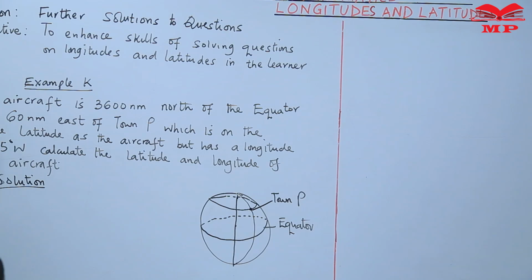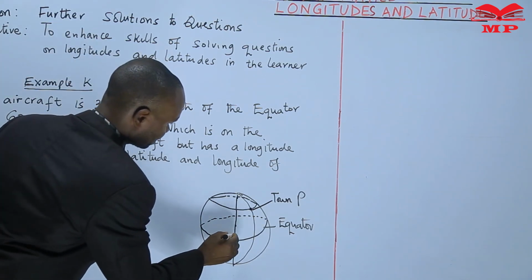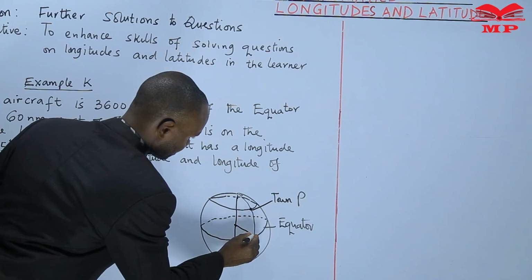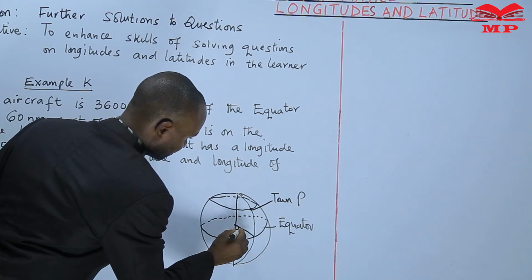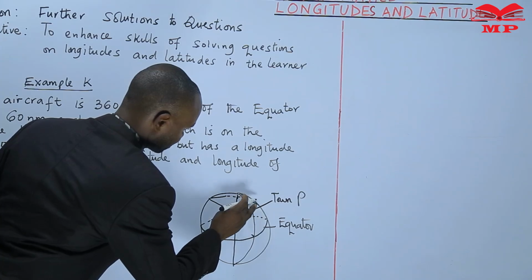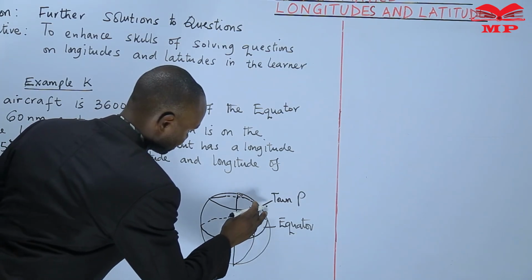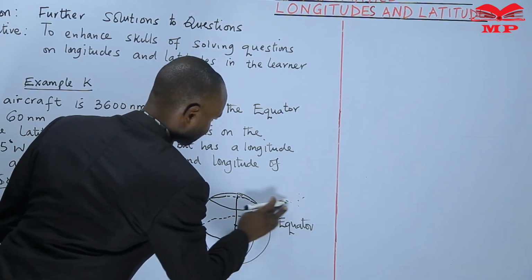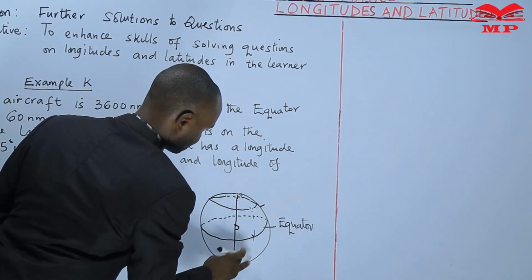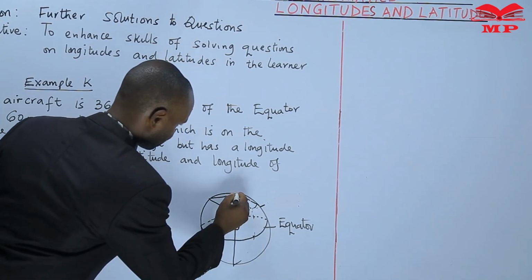And given that is the center of the earth, this is 5. So sorry for that, it is west. So we shall relocate these. It is 5 west. So we relocate these.